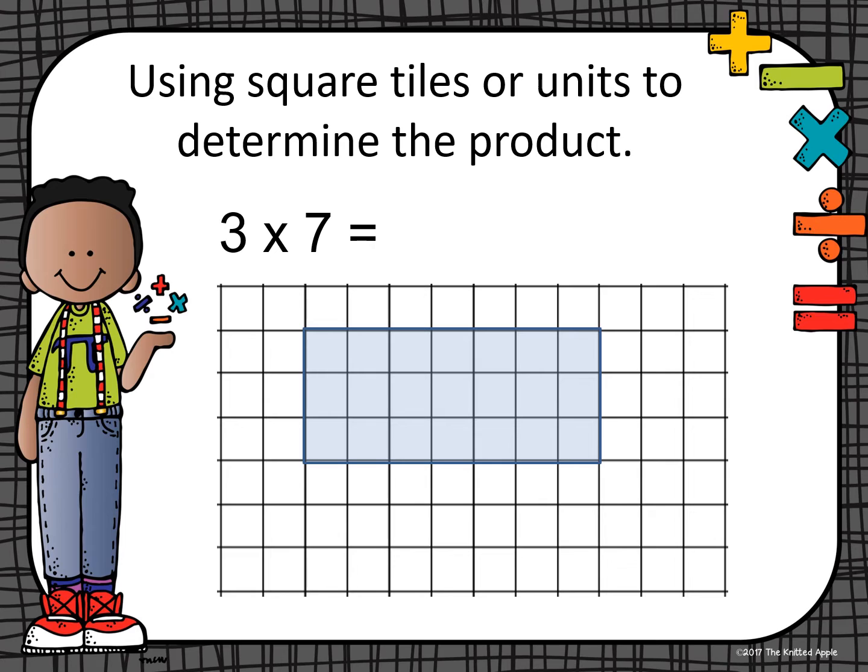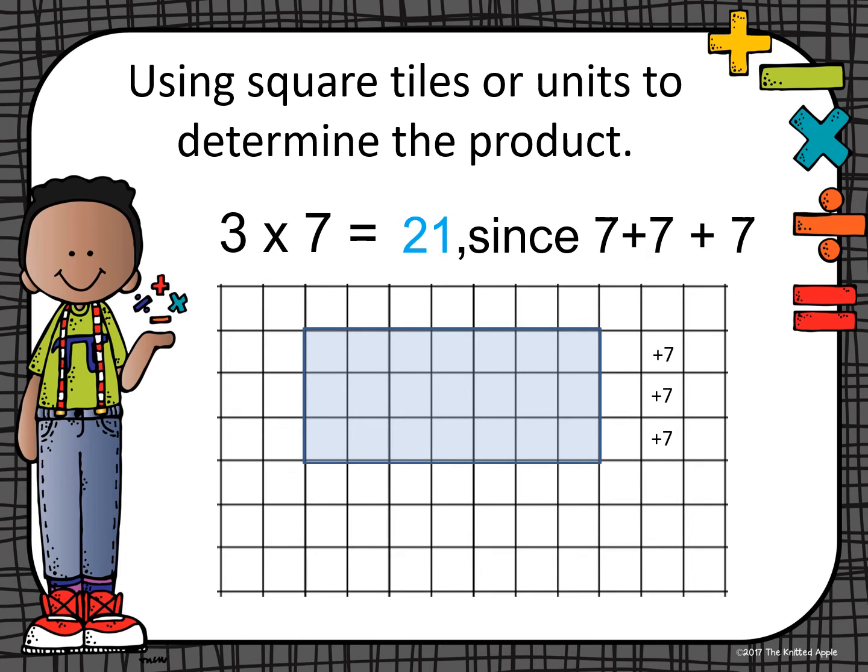And to decide how to find my product, of course I could use repeated addition of 7 plus 7 plus 7. And when I add 7 plus 7 is 14, plus another group of 7 is going to be 21. So 21 is going to be our product, since 7 plus 7 plus 7 is equal to 21.